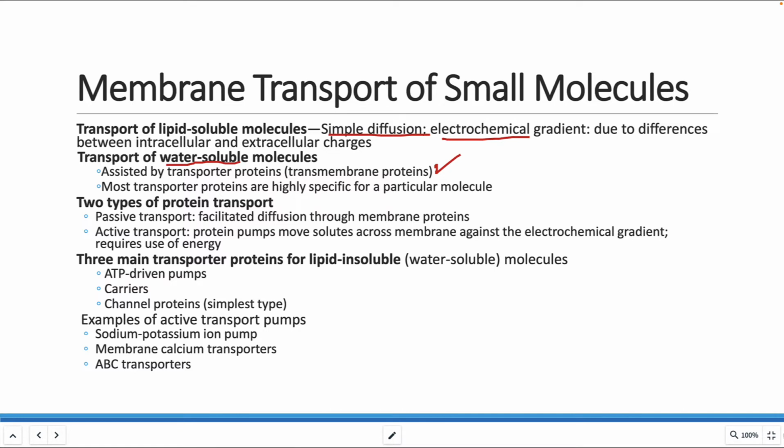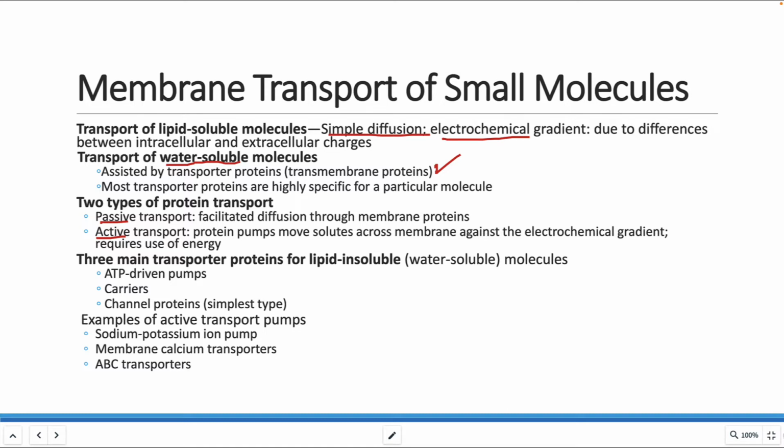There can also be two types of protein transport: passive and active transport. Passive transport is just a type of diffusion through that membrane protein, and active transport requires some protein pump. And so we have a sodium-potassium pump, for instance, that allows us to move electrolytes around across that membrane, and there are others as well.